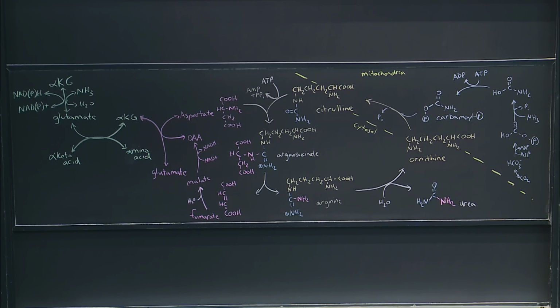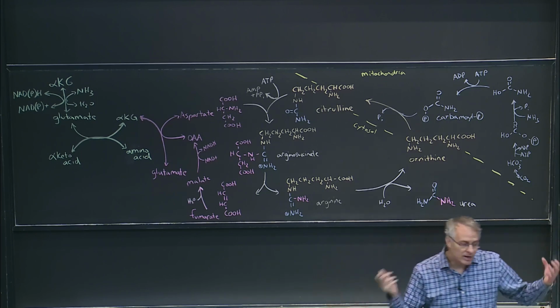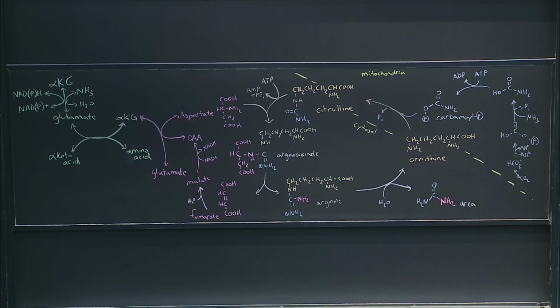So in us as humans, the liver and the kidney would run the urea cycle as I've drawn it here as a way to ultimately produce urea that gets excreted in the blood, in the urine, whereas most tissues in our body would simply ship off excess nitrogen from the catabolism of amino acids to the liver and the kidney by generating either glutamate or glutamine in the reactions that we talked about last time, and then those organs would use the urea cycle to produce urea and get rid of excess nitrogen.